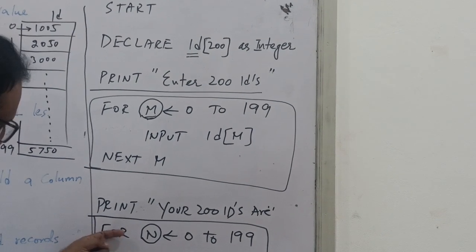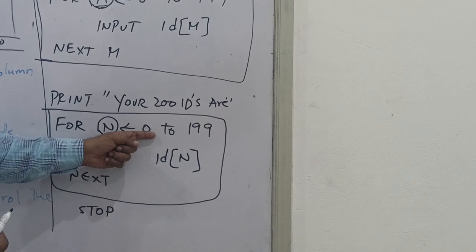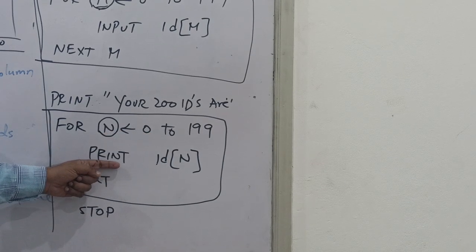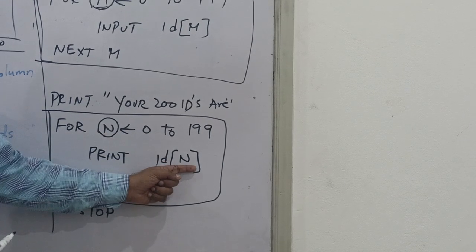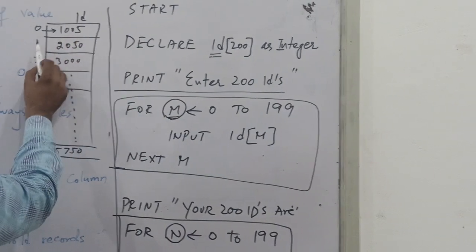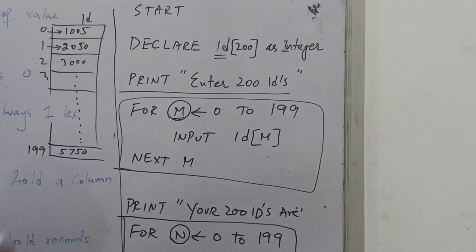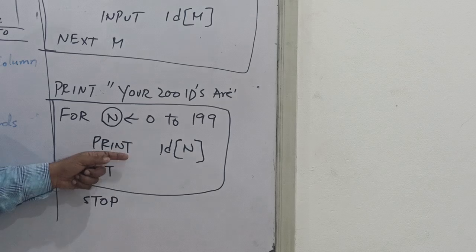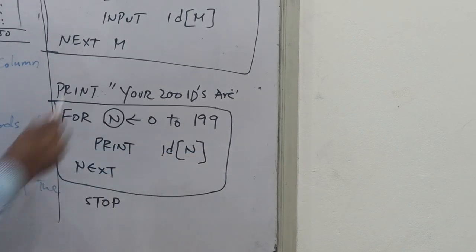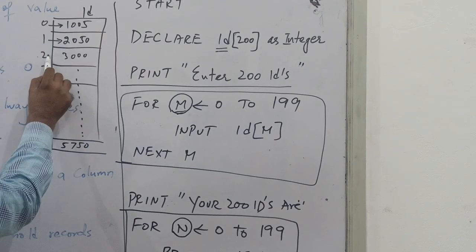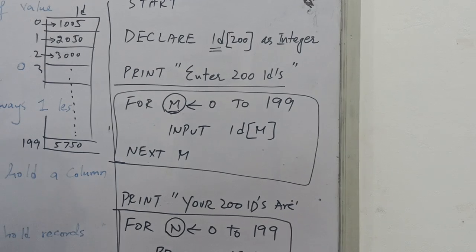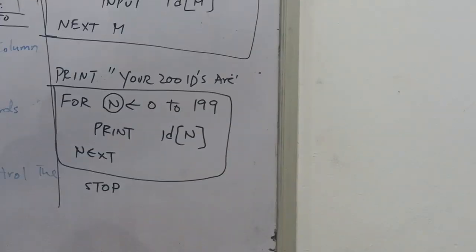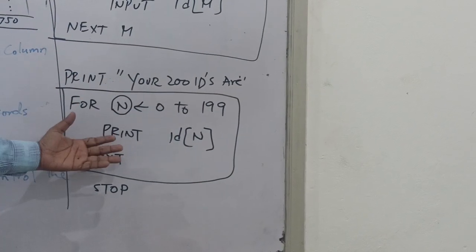For the second run, n will become 1. This line will become print ID 1. It will come into this table, jump into ID 1 and show you 2050. For the third time, it will go back, n will become 2, print ID 2, it will come into ID 2 and show you 3000, and in this way it will continue for 200 times.